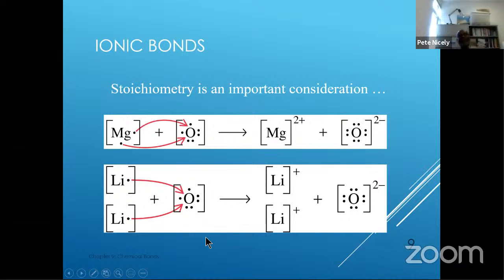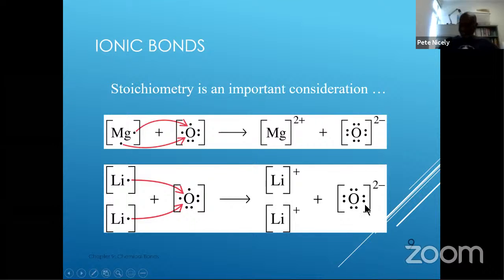This one is a bit different because you'll notice that in the case of lithium, each lithium atom has only 1 electron. Now, oxygen needs 2, which means that there's a need for another lithium atom with its electron to be transferred to the oxygen. So we have this electron and this electron transferred to this oxygen. We end up with your lithium ions on this side, 2 of them, and we end up with your oxide ion on this side here.